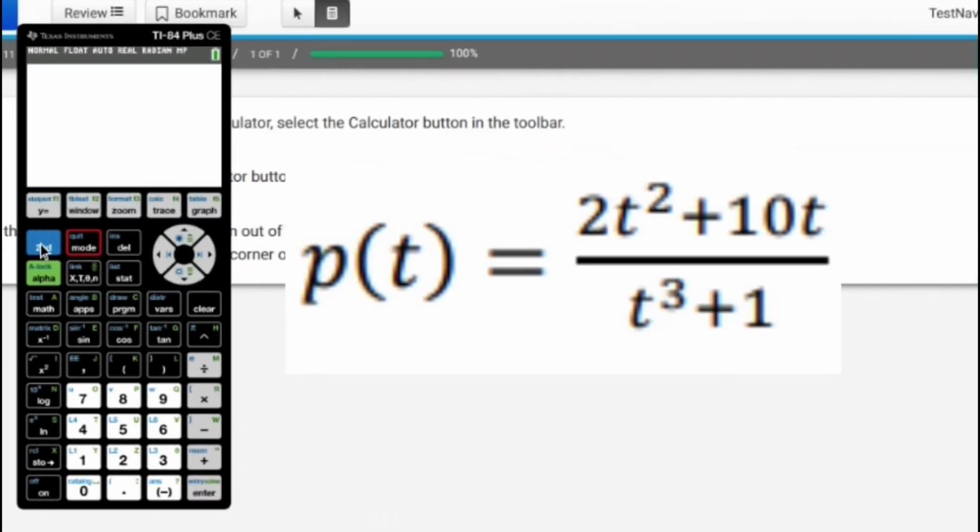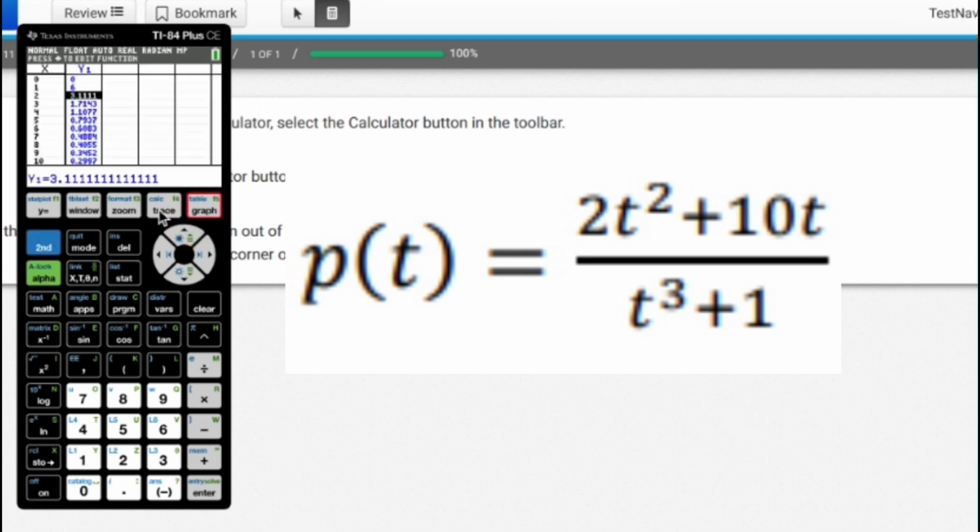Part 2 of this is asking us to find the average rate of change between the intervals 1 and 2. So I'm going to go back to my table, second graph. I'm going to use the values for P of 2, which I already found out to be 3.11111, and P of 1, which was 6. So I'm going to use 6 and 3.11111 in that order.